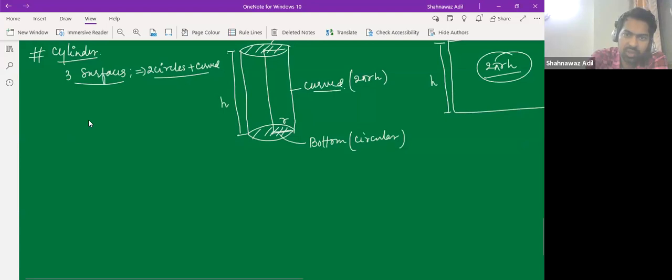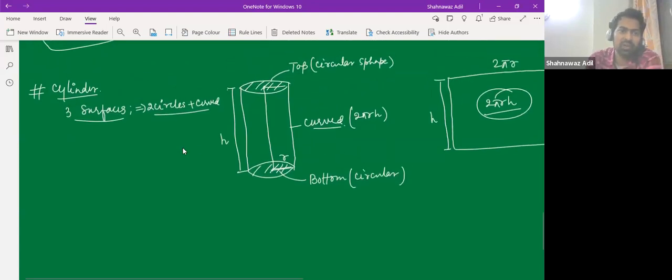Good. So now let us find out the total surface area, in which we have this top and this bottom. So Pepsi can, right? You guys have drunk some Pepsi or Coke from a can, right? So that is closed from the top and bottom. So what would be the total surface area?